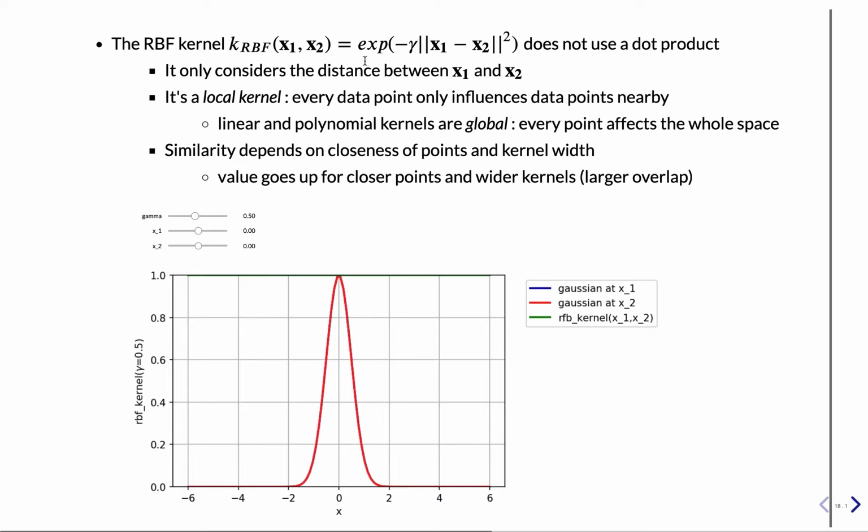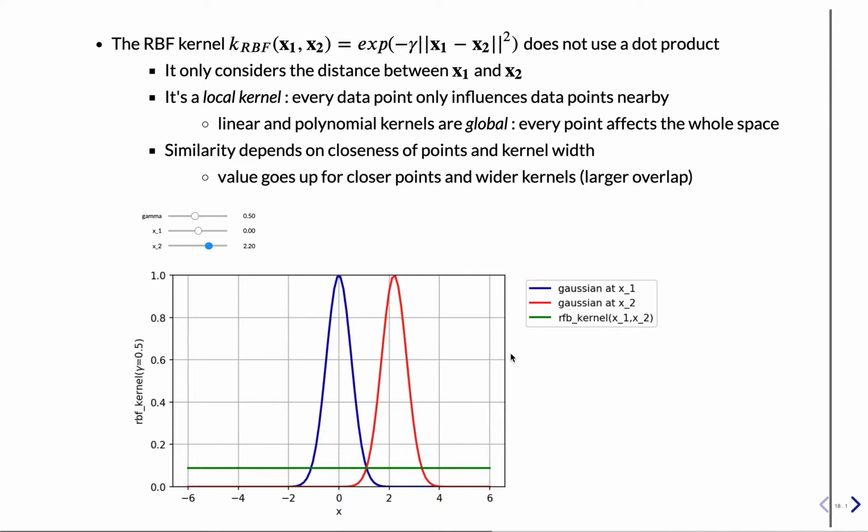As you can see, this expression does not involve a dot product. It just uses the difference between 2 points. So say that I have 2 points, x1, x2, and say I move x2 around. Here we have 1 point x at 0, another point around 2.